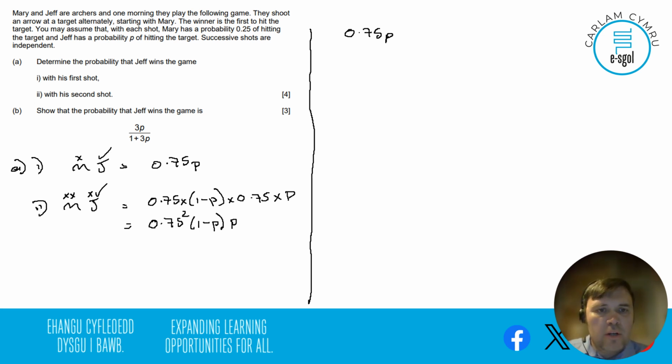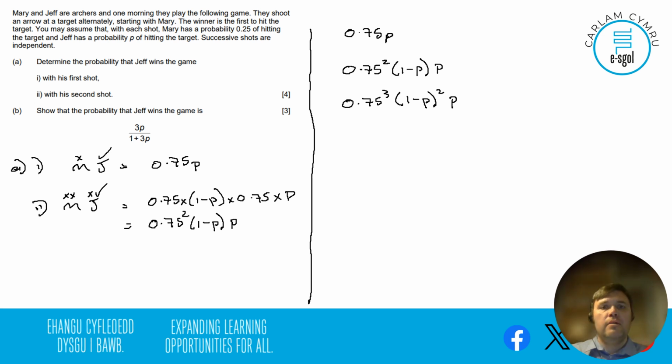If he was to win on his second, it's going to be 0.75 squared, 1 minus p. If he was to win on his third, it's going to be 0.75 cubed, 1 minus p squared, p. It's going to be added each time.